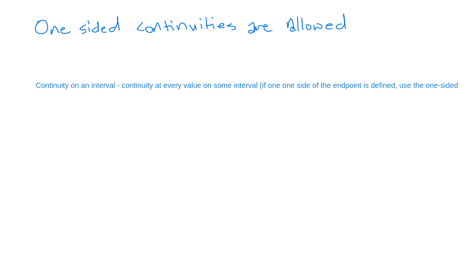Some functions have limited domains, so you may only be able to use one side. For example, if we had the function square root of x, we know that the domain is when x is greater than or equal to 0. Let's say we want our interval to be from 0 to 2.